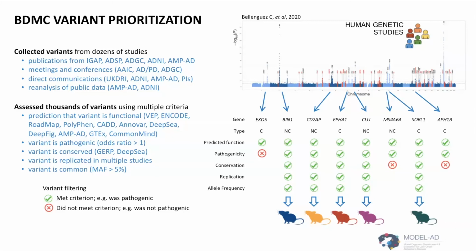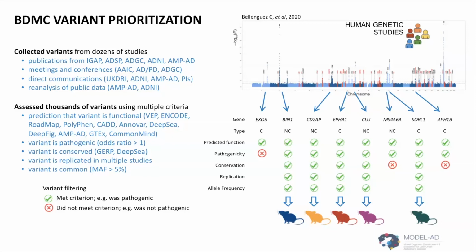Because if we're going to do CRISPR-Cas9, we don't necessarily want to knock the gene out. We want to precisely alter the gene to be as human relevant as possible. And so you can see here that the criteria for selecting a variant includes predicted function, the pathogenicity, and importantly, conservation between humans and mice.